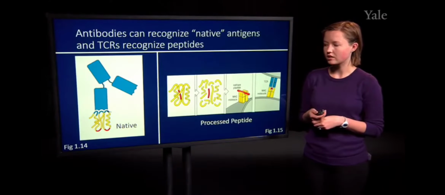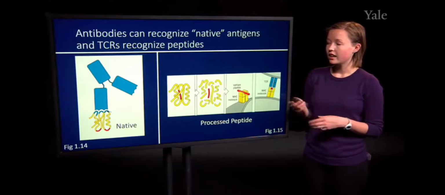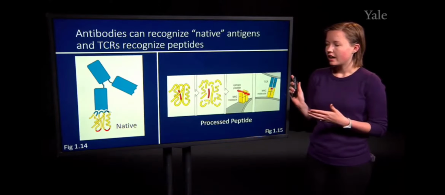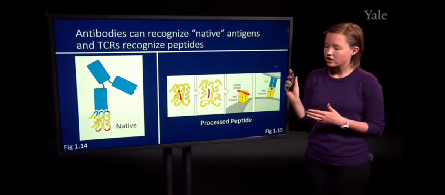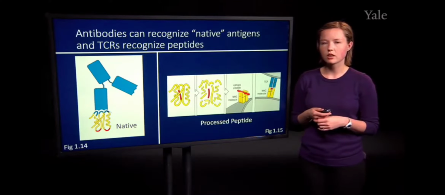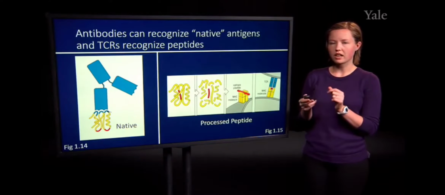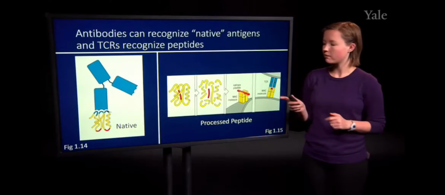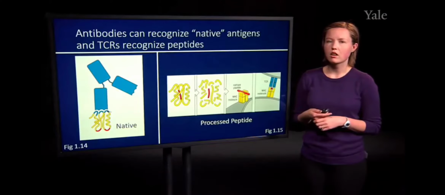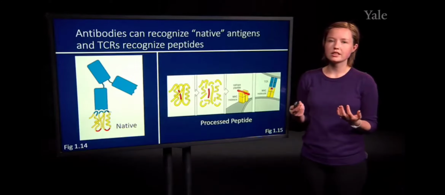Conversely, this process that we'll go through over the course of this lecture shows that T cell receptors are only interacting with antigen that is in this peptide form that is presented on the MHC molecule, which is present in antigen presenting cells such as dendritic cells or macrophages, but also can be present on all cells of the body as a way to alert T cells of the initial stages of an infection.